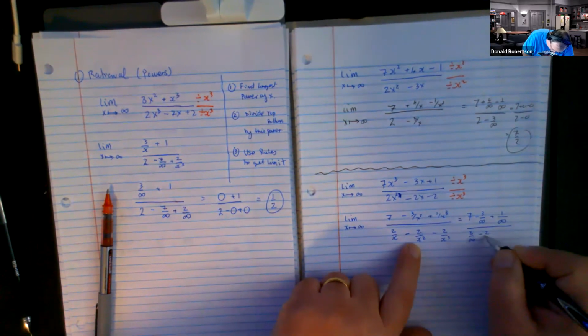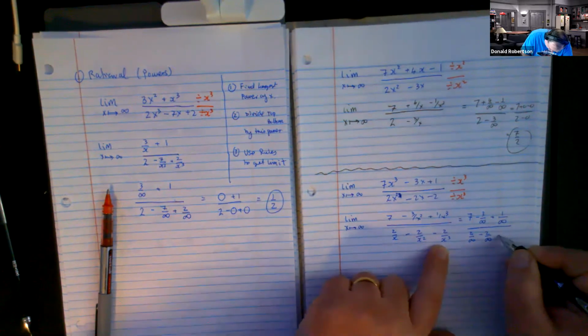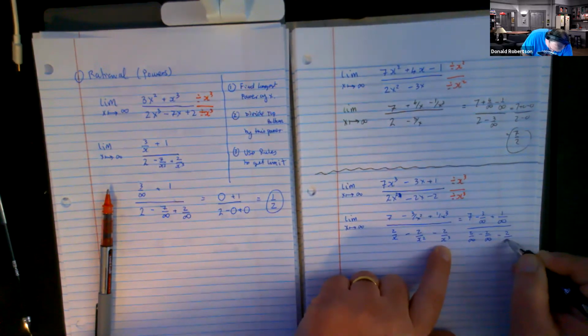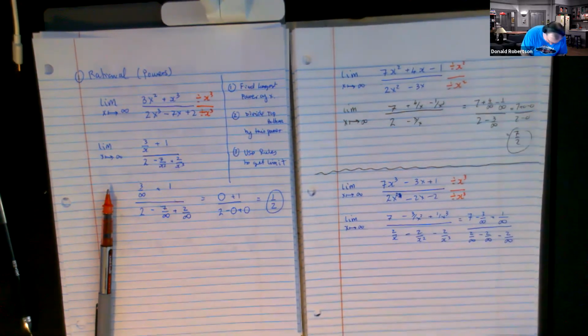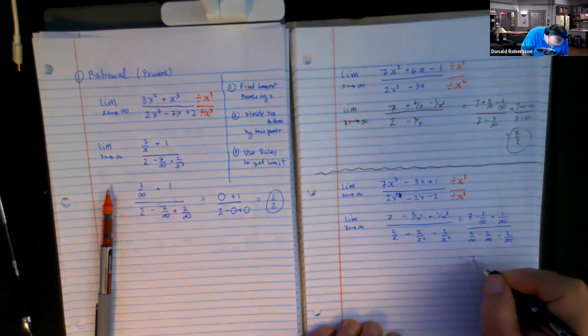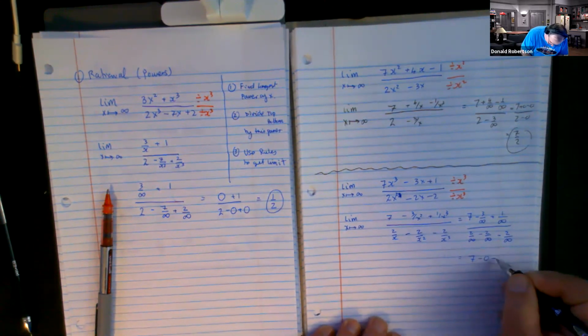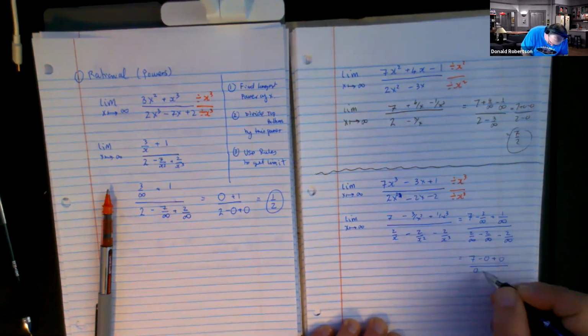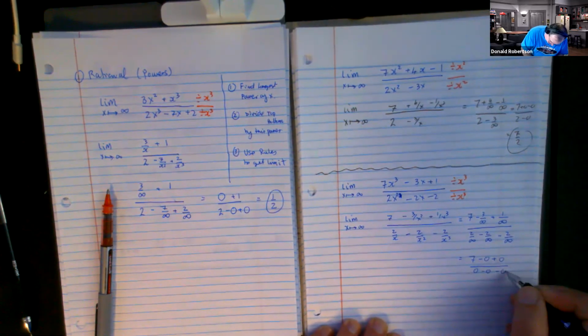Take away 2 over infinity. Take away 2 over infinity. Now this becomes 7 take away 0 plus 0. And this becomes 0 take away 0 take away 0.